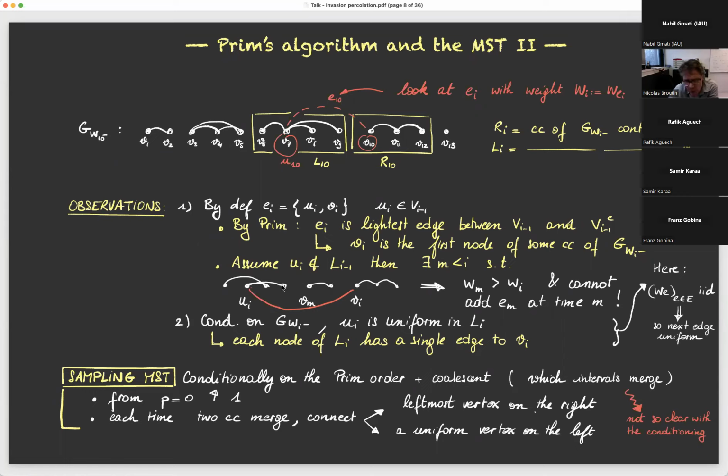Why? Because if you have this, then that means that the edge that connected VM, that is the one that is added at time M, has weight bigger than WI. But then why would you have chosen WM instead of WI? That means that the algorithm doesn't work.